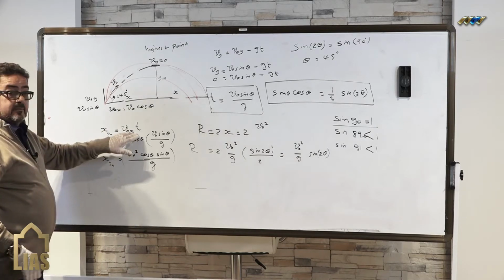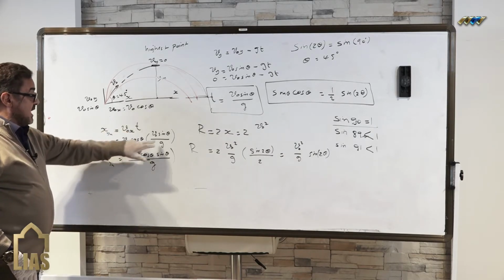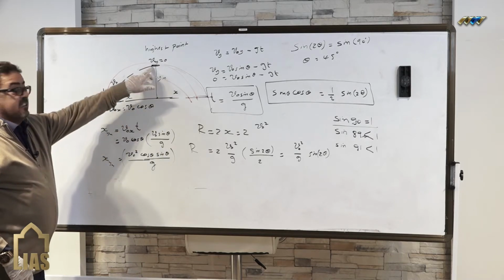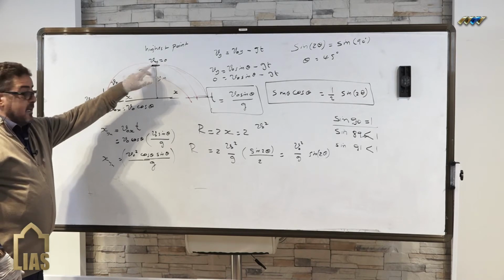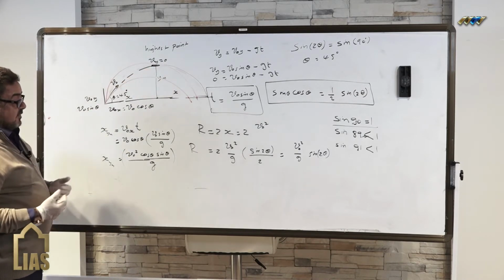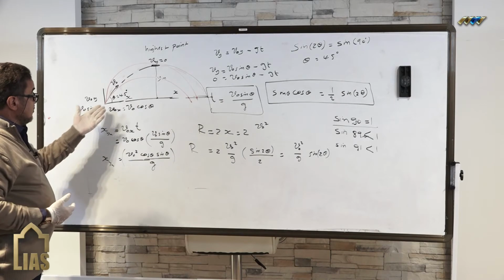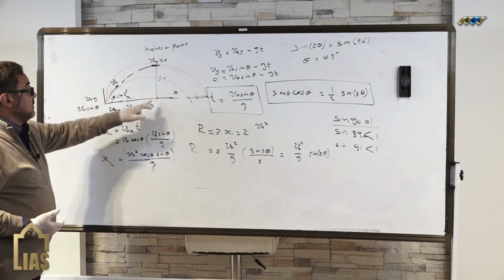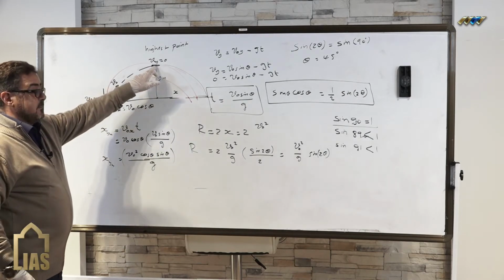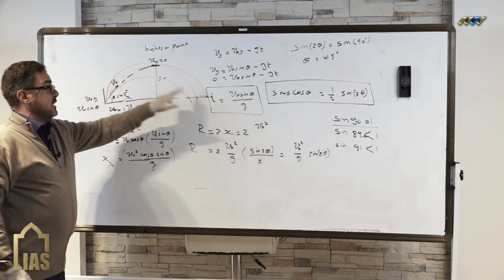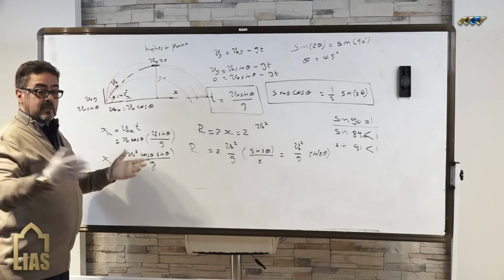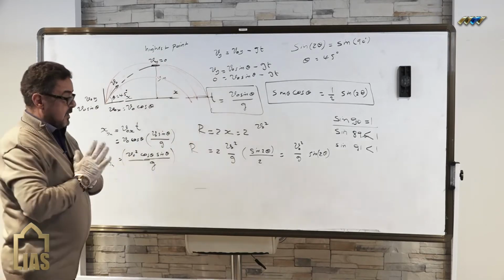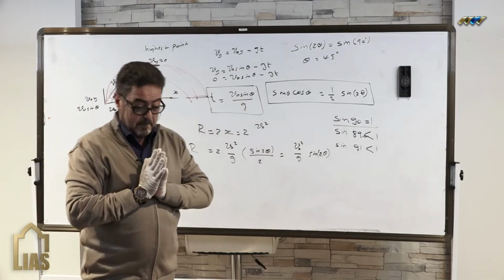We got the time from the maximum height, and the time of flight will have the time up to the maximum point. T1 and T2: T1 plus T2 is the flight time.